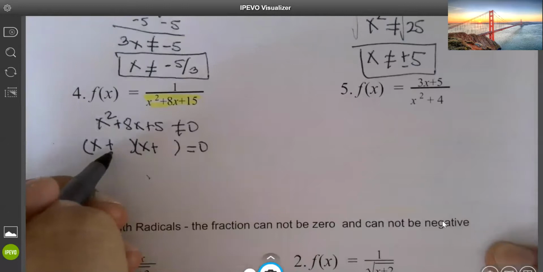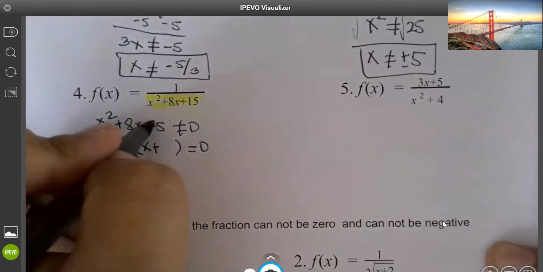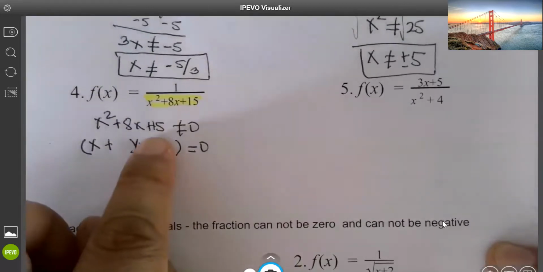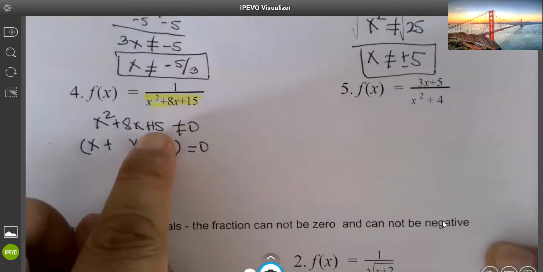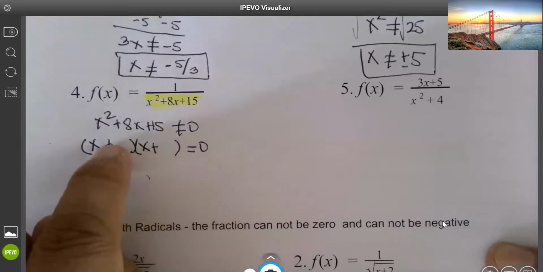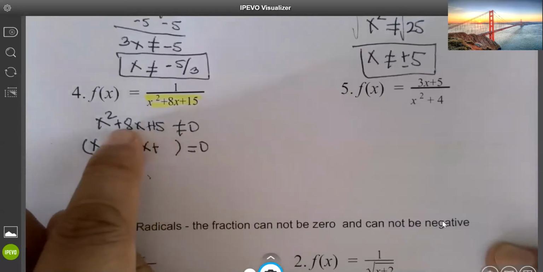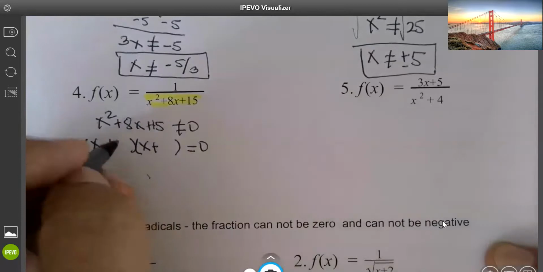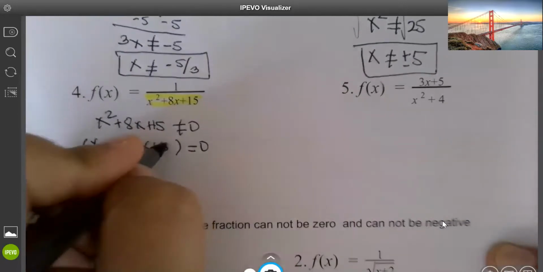Okay, what are the factors of 15, which when multiplied is equal to 15, but when added is 8? So that one is 3 and 5.